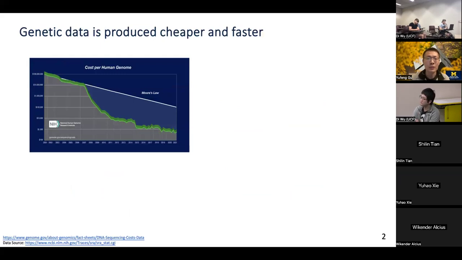In the past 2 decades, we could see the genetic data is produced cheaper and faster. The cost to obtain a human genome has been decreasing from millions of dollars 20 years ago, when it was the first time the human genome could be sequenced, and up to a couple of years ago, it has dropped to hundreds of dollars actually.